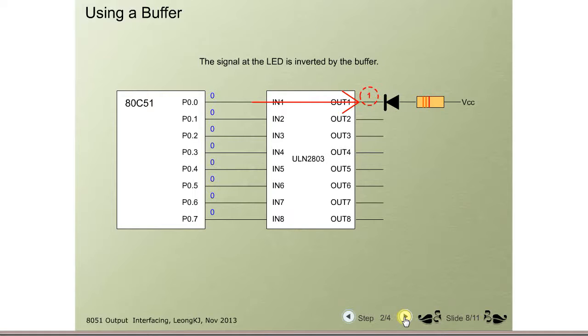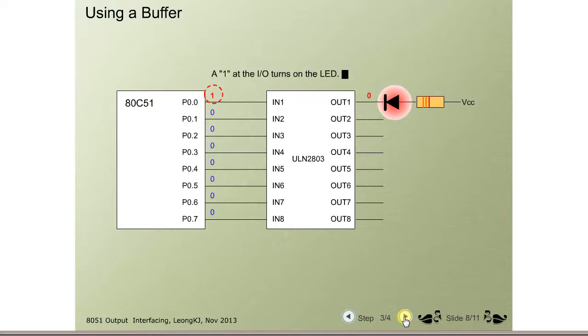For example, if the signal is 0 at the I/O pin, it will become 1 when it reaches the LED. A logic 1 at the I/O pin will turn on the LED. A logic 0 at the I/O pin will turn off the LED.